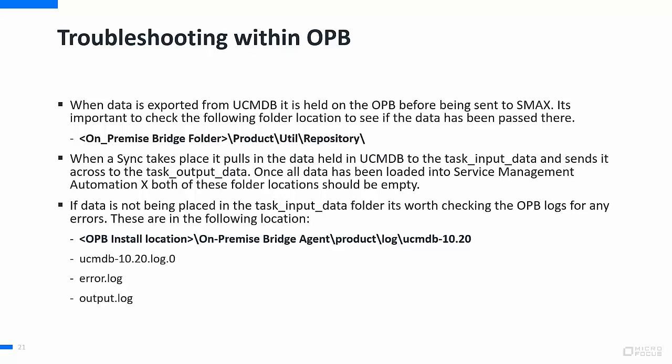Inside of there, you'll normally find the UCMDB-10.20 log. There can be a number of those, from 0 through to I think 9 or 10, depending on how long it's been running. There's the error.log and the output.log, and all of those are well worth checking if there are any issues being shown within the actual integration.